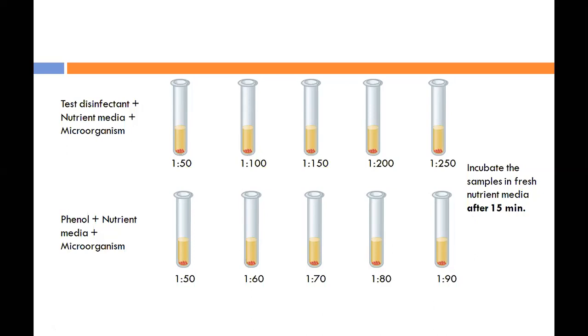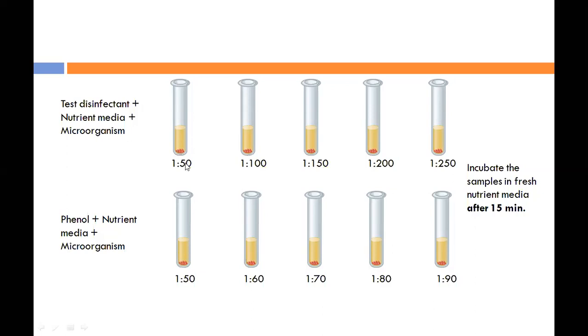So what does your logic say? We are making dilutions here. The first test tube of both sets contains the highest concentration of Lysol and phenol. So there will be no growth because the concentration is very high. This much concentration will kill the organisms, and they will not be able to grow.